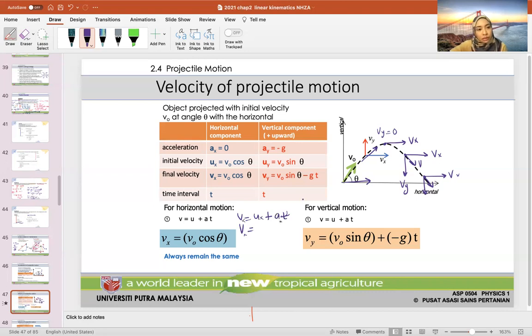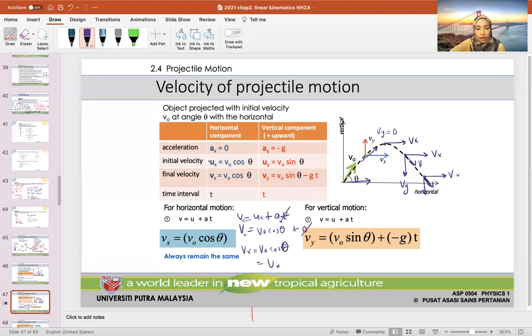T has no component because it's a scalar. So ux in this case is V naught cosine theta plus our ax, which we already know is 0. Therefore, this is not relevant. So our vx is actually V naught cosine theta, which is equal to ux.